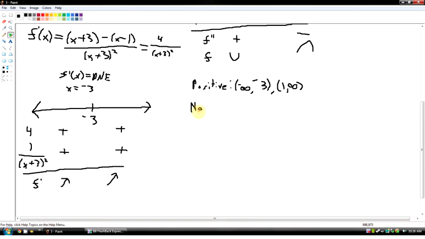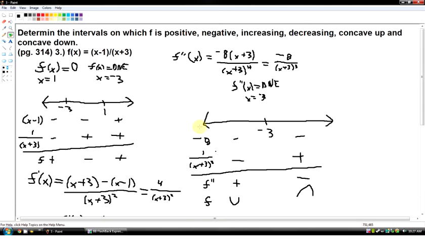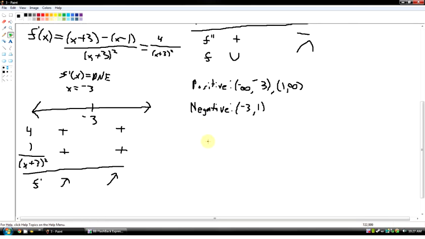The function is also negative on the interval negative 3 to 1, though you can't really reach negative 3.